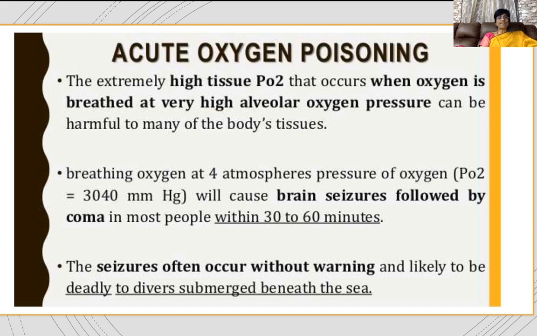So, breathing oxygen at 4 atmospheres pressure, that is partial pressure of oxygen equal to 3040 mmHg, will cause brain seizures followed by coma in most people within 30 to 60 minutes. The seizures often occur without warning and are likely to be deadly to divers submerged beneath the sea.